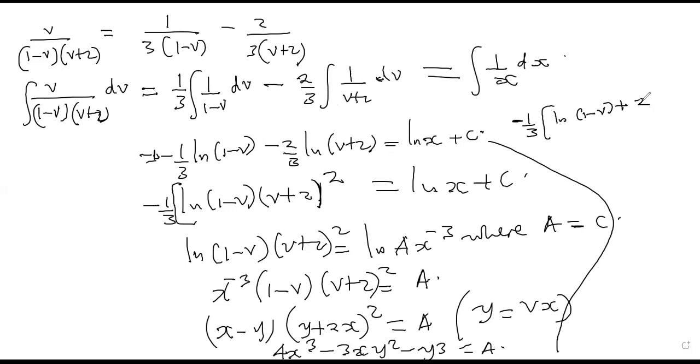So plus 2 into, actually it is 2 ln of v plus 2. That's why this 2 came here. And when the 2 came here, it means that I have negative a third into ln of (1 minus v)(v plus 2), everything squared. That is why I have this step. Then continue simplifying.